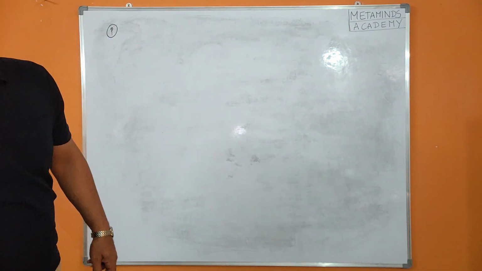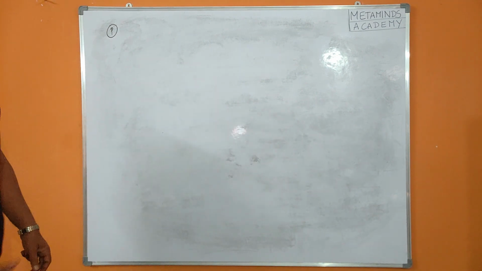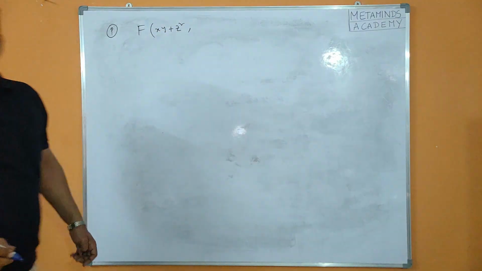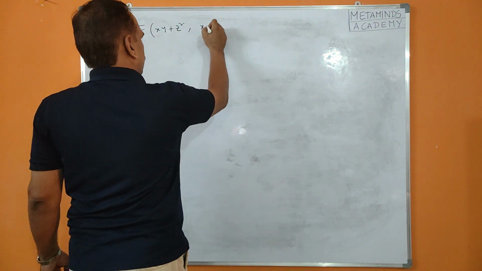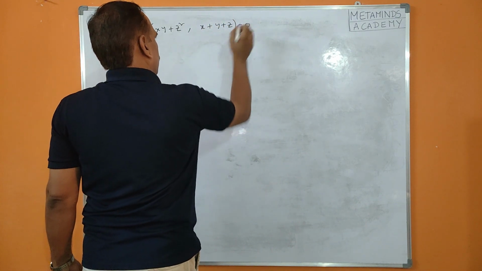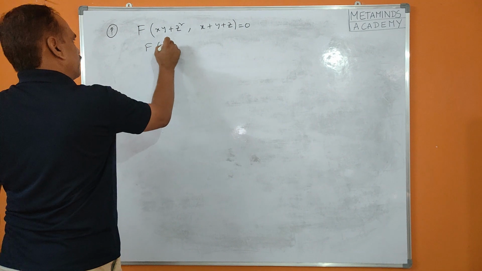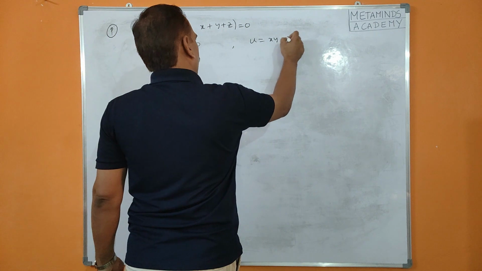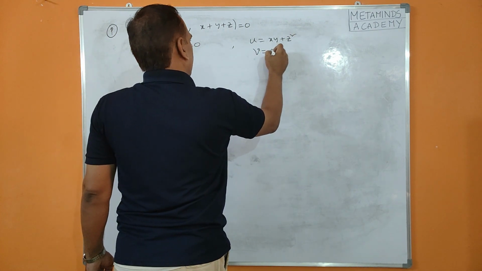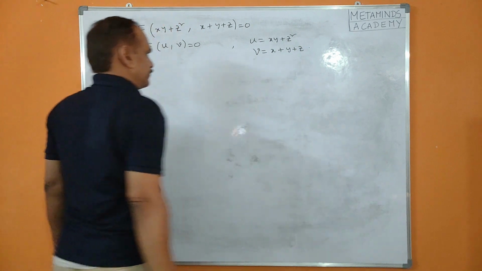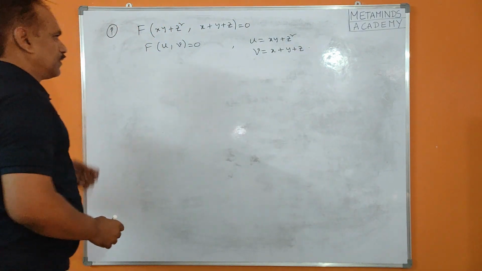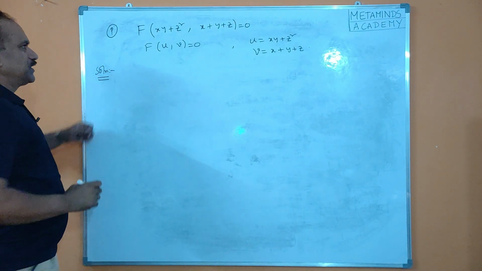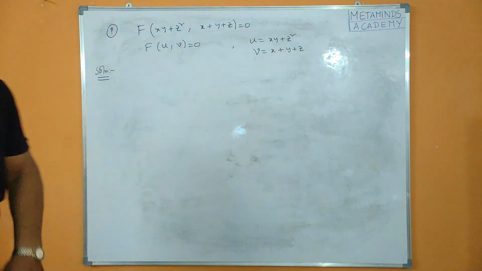Let us take f of xy plus z square, x plus y plus z. So this is in the form of f of u, v equal to 0, where u is xy plus z square, v is x plus y plus z. So what we have to do is differentiate this with respect to x on both sides.